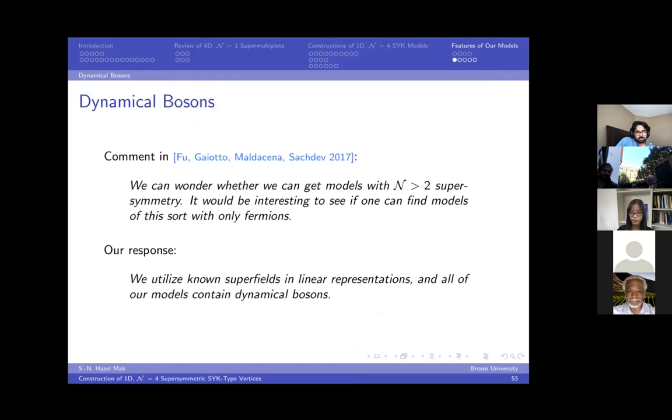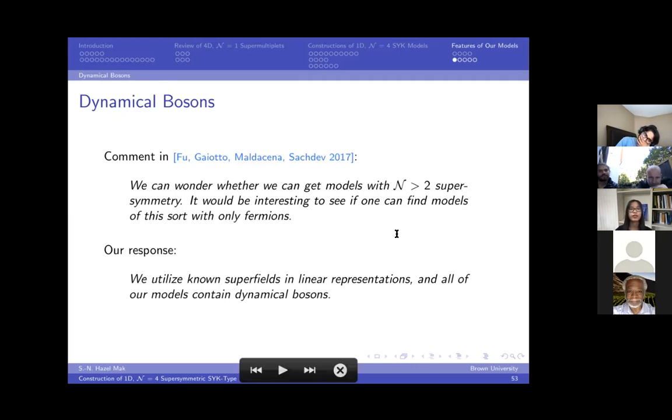The other comment that we want to give is about dynamical bosons. In the Fu, Gaiotto, Maldacena, Sachdev paper, at the very end of the conclusion, they talk about the fact that the n equals 1 and n equals 2 models have only fermions, and the bosons are auxiliary.